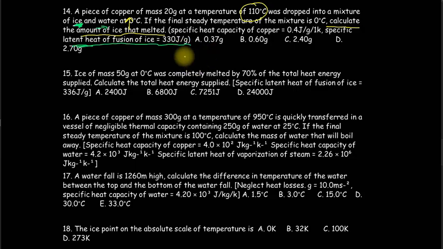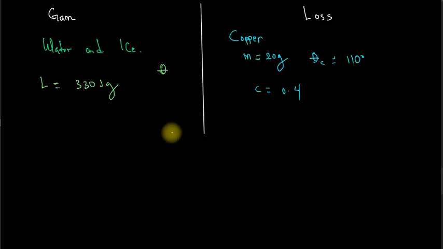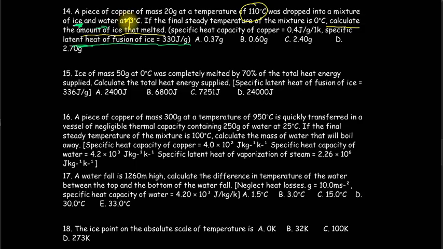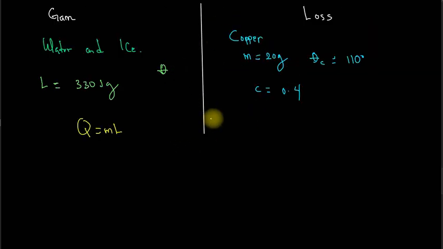Remember, since Q equals ml, the quantity of heat lost is equal to the quantity of heat gained. So for copper, the heat generated by copper is equal to mc change in temperature.